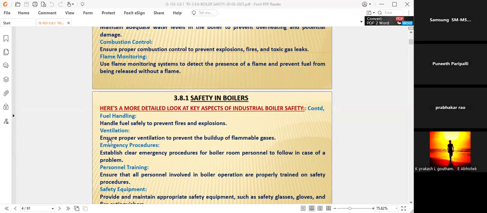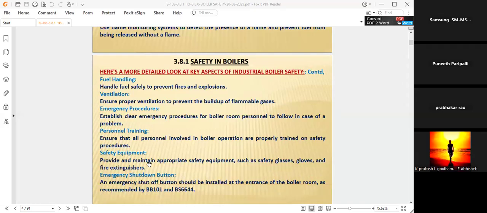Ensure proper ventilation to prevent build-up of flue gases, because if any flue gas arises, suddenly it will come as a backfire. It should not have stagnation there. It will go to the atmosphere very easily when the ventilation is proper.